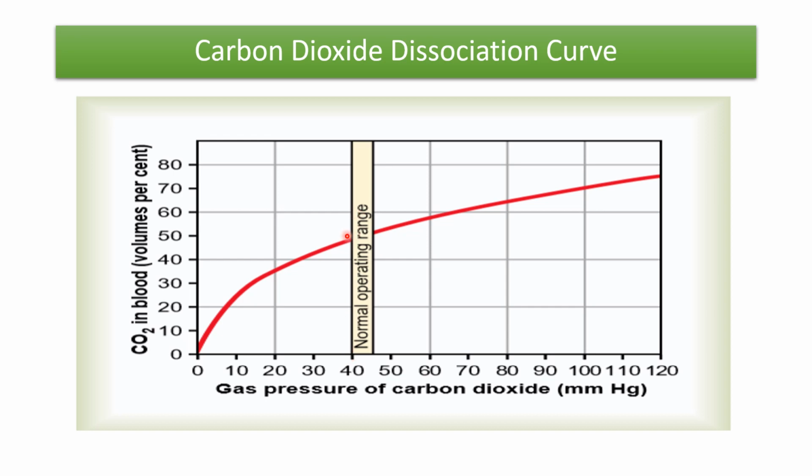So you subtract 48 from 52, and that gives you 4 volume percent, or you can say 4 milliliters per 100 milliliters of blood is transported.